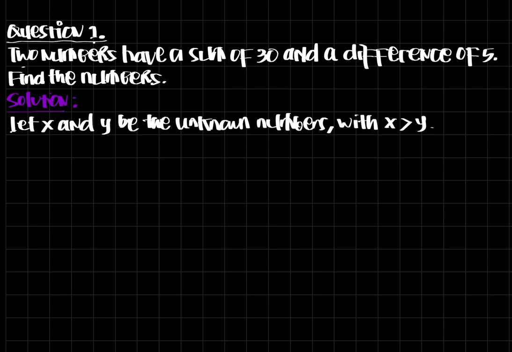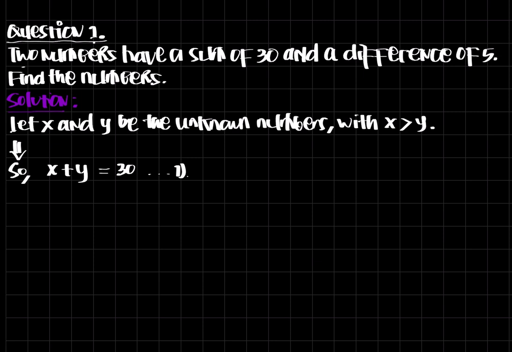Now we can go to the second step. So then x plus y, they said that two numbers, when we add them together, the total is 30. So this is going to be the first equation. And it says again that it has a difference of 5.